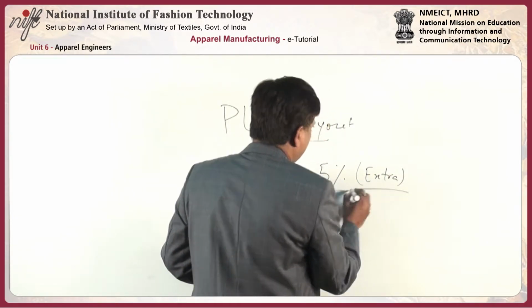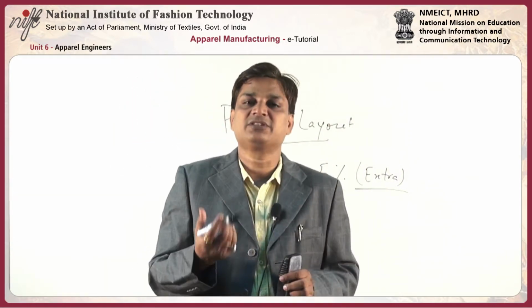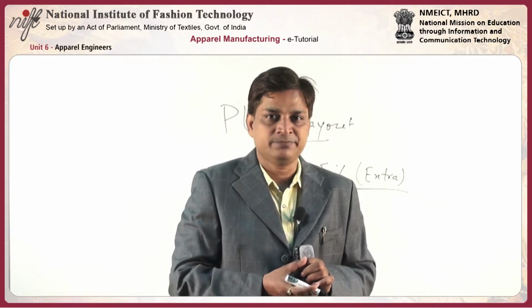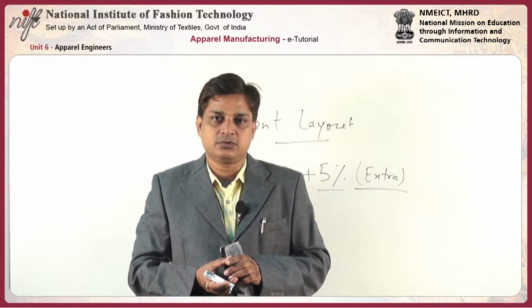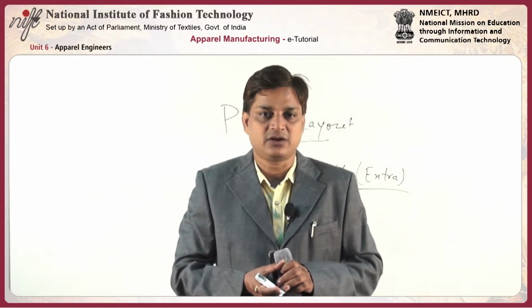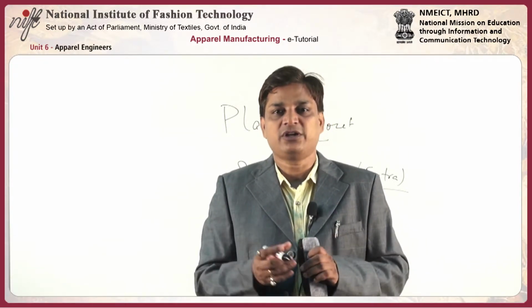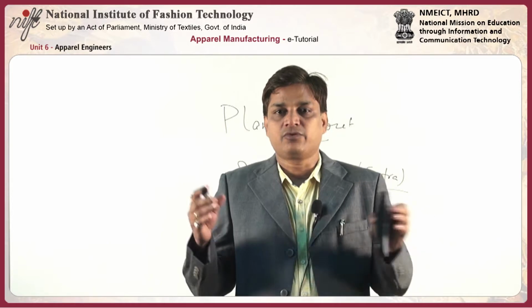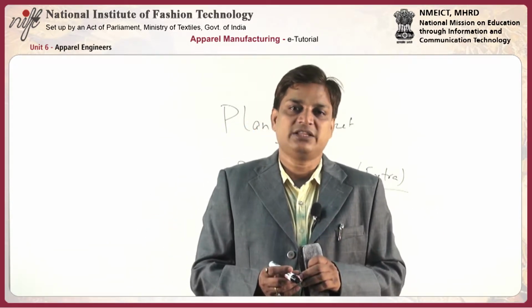It may vary, 1% or 0.5%, or maybe 2%. We are talking about 5% extra in terms of capacity. If we are going to produce 8000 pieces per day, then we take 5% extra in the cutting room capacity, so that at any point of time, if we go for 5% extra cutting, the cutting room will have the capacity to cut these many pieces.